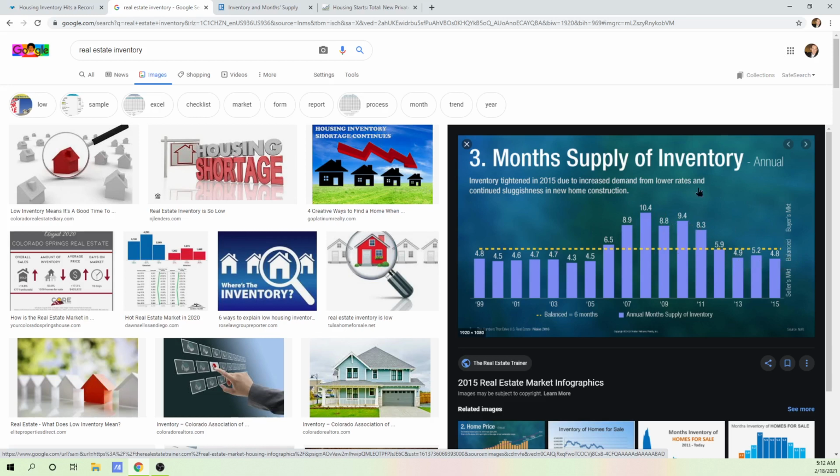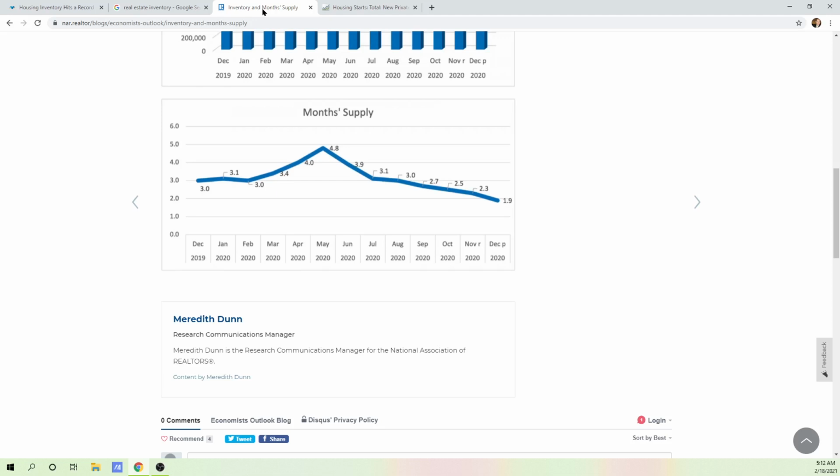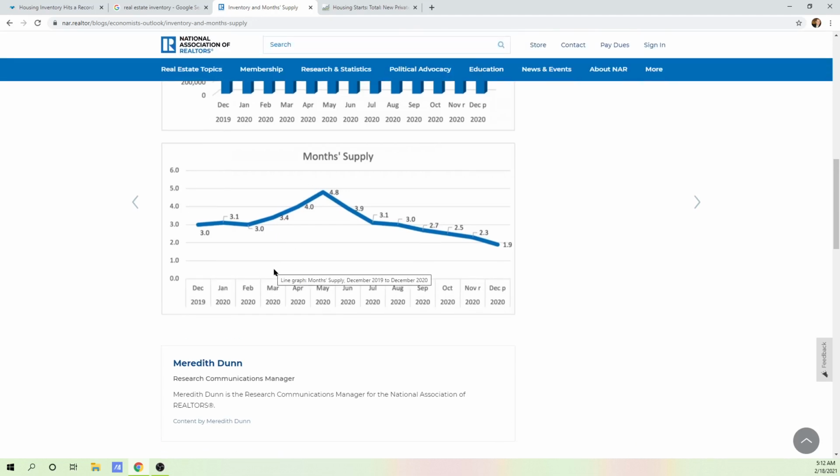This right here is your tightening of the market. The inventory has to get drawn down. And I'm going to show you an inventory in months of supply. This is zoomed in from December 2019 to December 2020. And you can tell that this is super low. This is why prices are going up. We had 3 months of inventory. It came back up to 5 months. Because remember, this cycles back and forth as well.